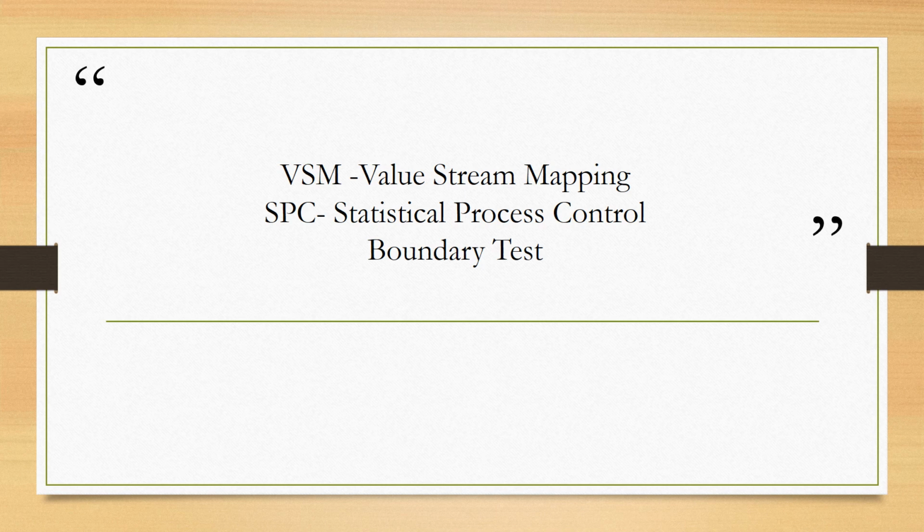In the same way, boundary tests were taken on many machines where sensors are installed to ensure a part is okay. If there is a defect in the part from a previous process, it will not allow the part to enter the process, and by this we can save manufacturing cost.